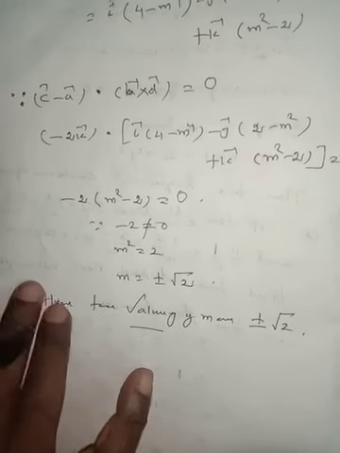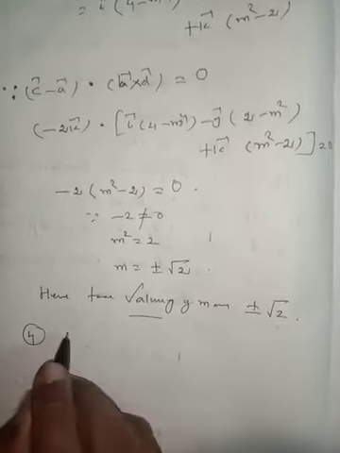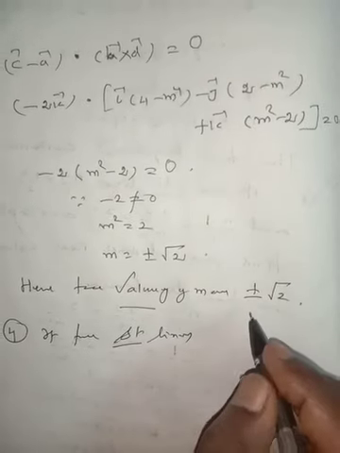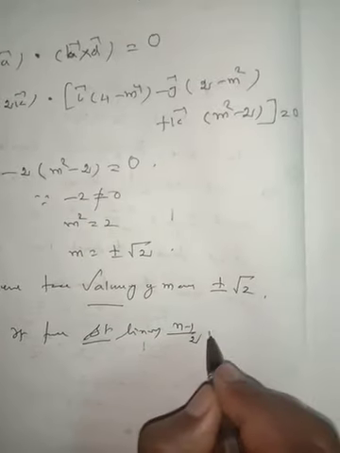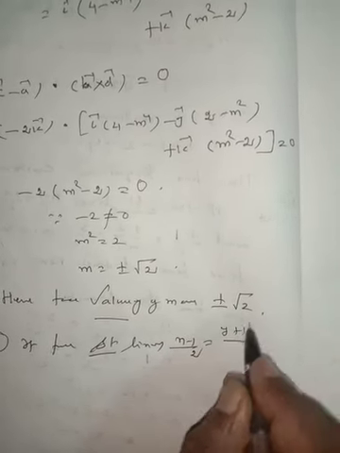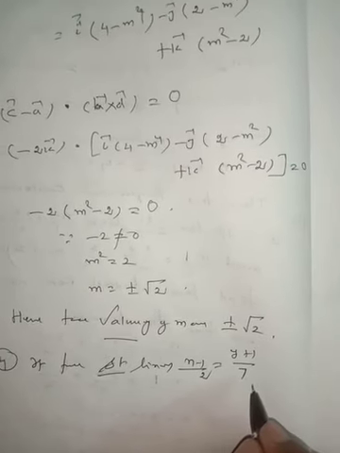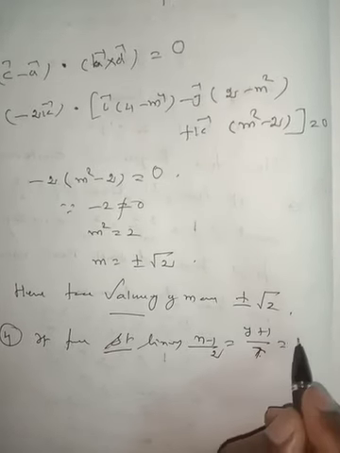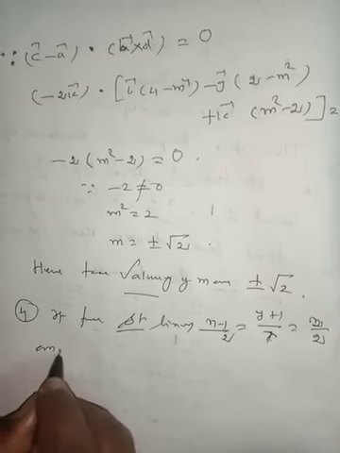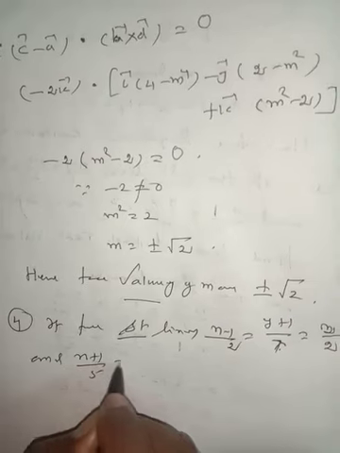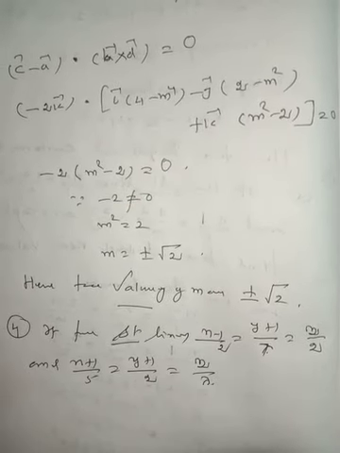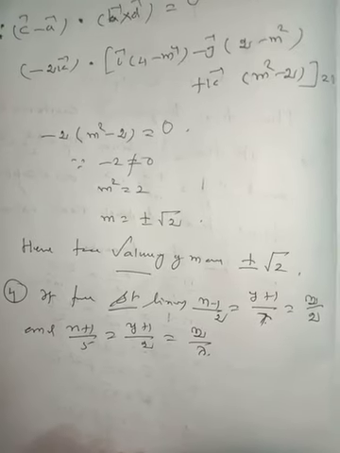Next, question number 4. The straight lines (x minus 1) divided by 2 equals (y plus 1) divided by 7 equals z by 2, and (x plus 1) divided by 5 equals (y plus 1) divided by 2 equals z by lambda, are coplanar.